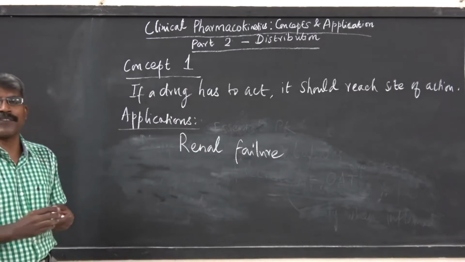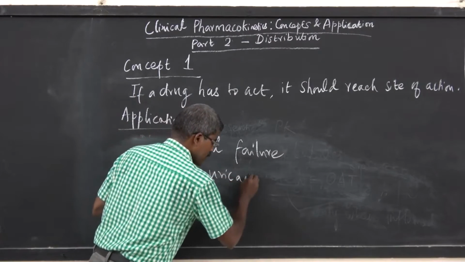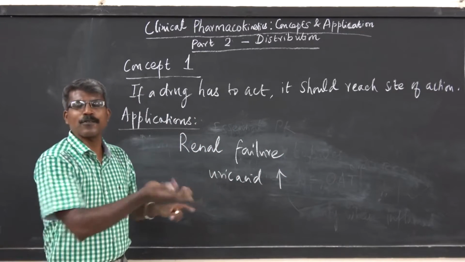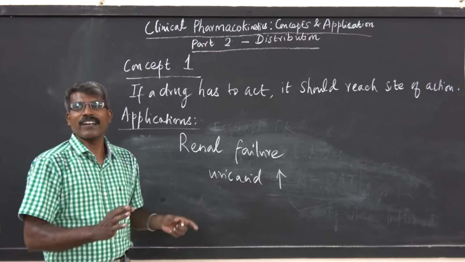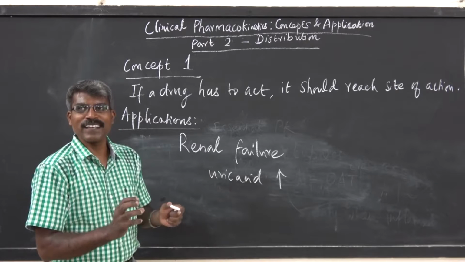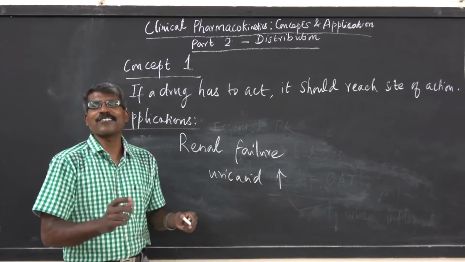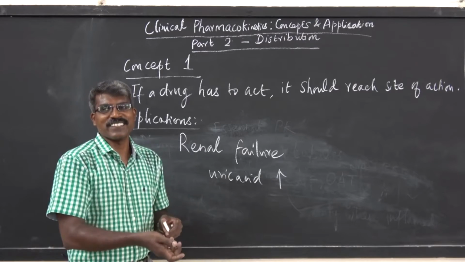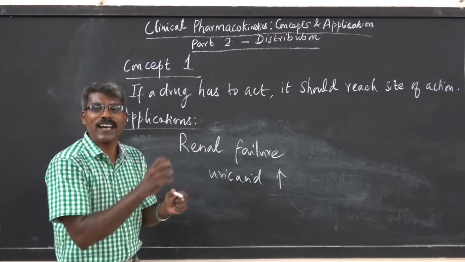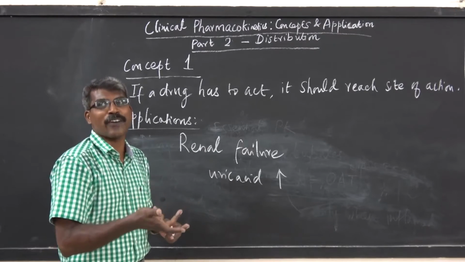What happens in renal failure is that the uric acid levels are high. Uric acid is also transported by the organic anion transporter. So now what happens? Not only the diuretic, the uric acid also now competes for the organic anion transporter for its secretion. So in a patient with renal failure, it inherently becomes very difficult for you to bring the drug to the site of action.